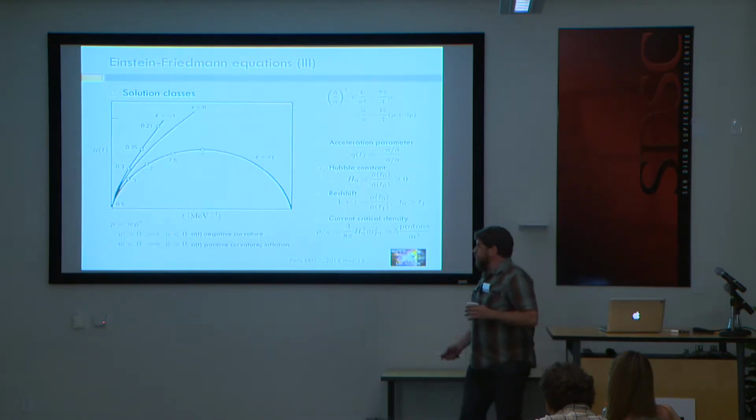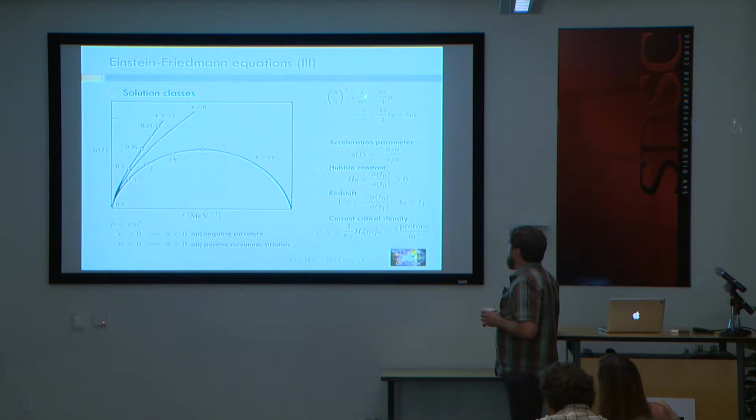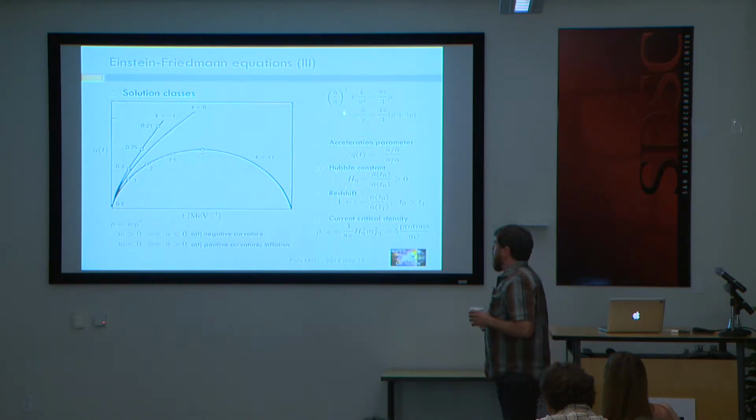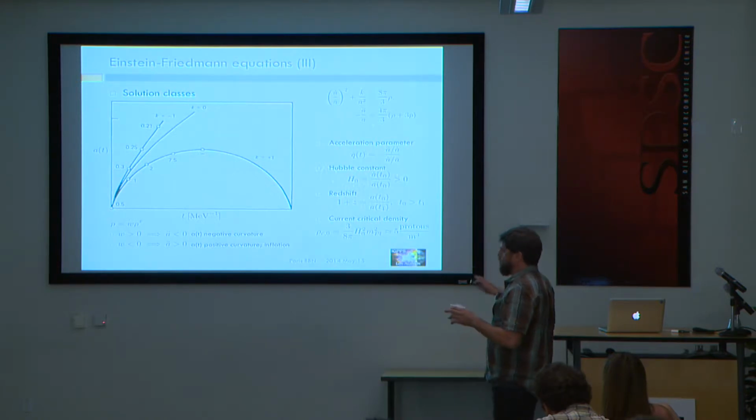So let's look at the classes of solutions that happen for this metric. This is the spatial curvature K. These three curves correspond to a trichotomic constant, which means it can only take on three values: +1, -1, or 0. -1 is the de Sitter universe, sort of like a saddle.